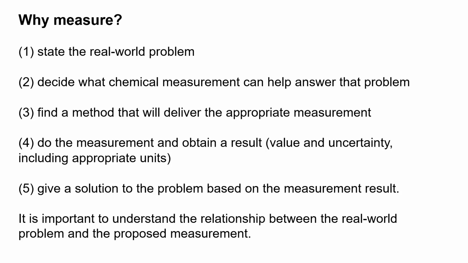So first of all, we have to identify what sort of real world problems we are able to solve, and for those real world problems we have to decide what type of chemical measurements, methods, equipment, and protocols are actually helpful for answering that question.